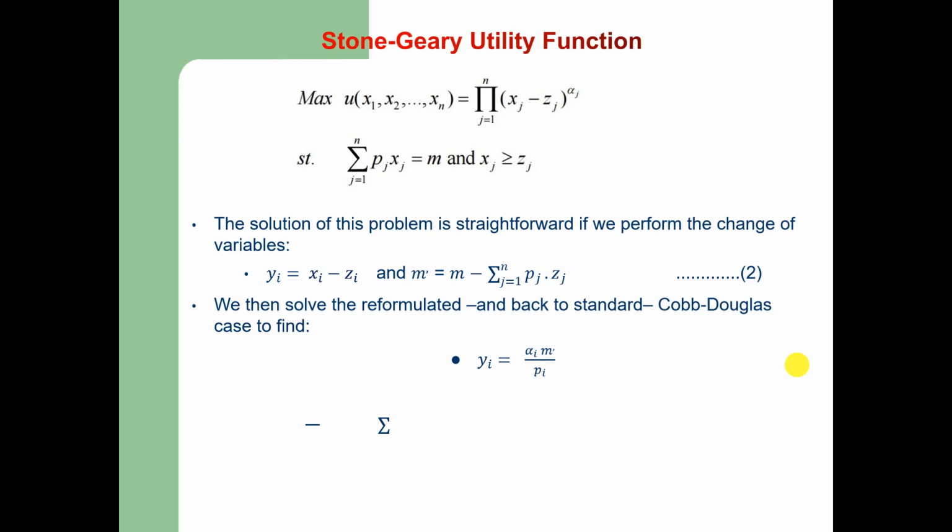So this is just like a Marshallian demand curve, just like in the Cobb-Douglas case.